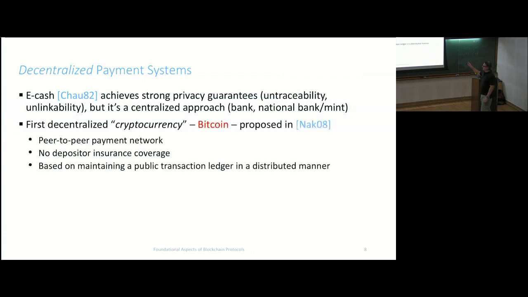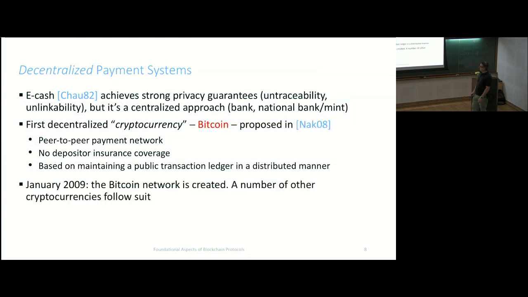And it turns out that Bitcoin is the first decentralized cryptocurrency, meaning it's a peer-to-peer network, with no central bank and no depositor insurance, meaning if you lose your funds, you lose them. And you have to maintain this public transaction ledger that we saw in a distributed manner, right?